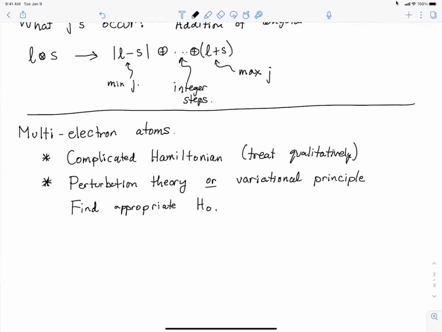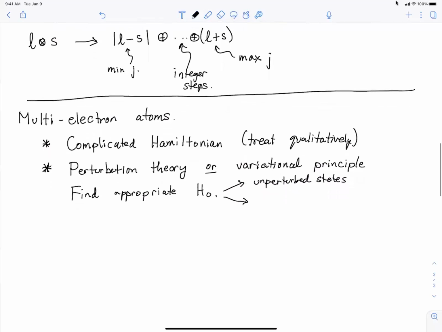And how are you going to choose a trial wave function? Probably by finding the solutions to some appropriate unperturbed Hamiltonian that you think might give you something close to the right answer. Okay, so this will either give unperturbed states or trial states as its eigenstates.